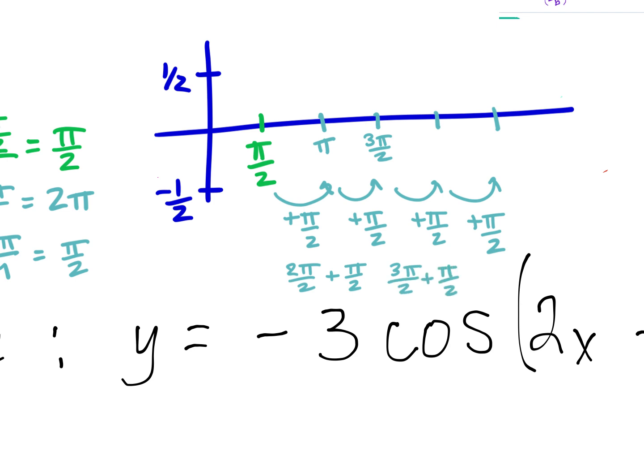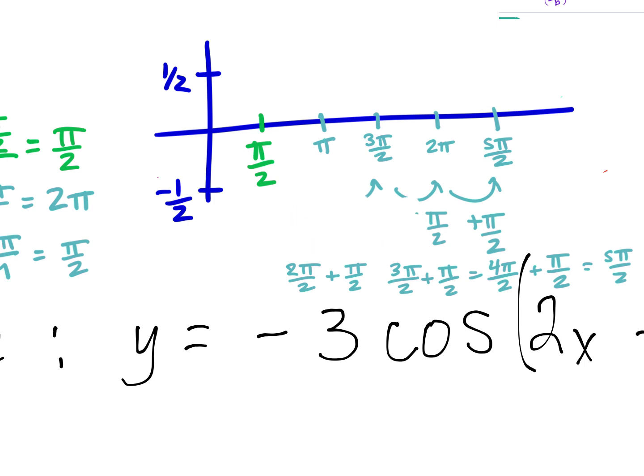Perfect. It'd be 4 pi over 2, which would be 2 pi. And then when we add another pi over 2, what do we get? 5 pi over 2. So you just keep adding pi over 2. Add whatever your increment is to get to the next tick mark.